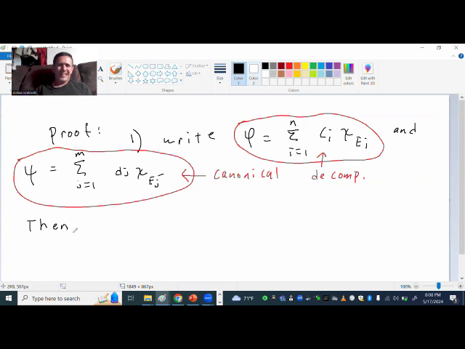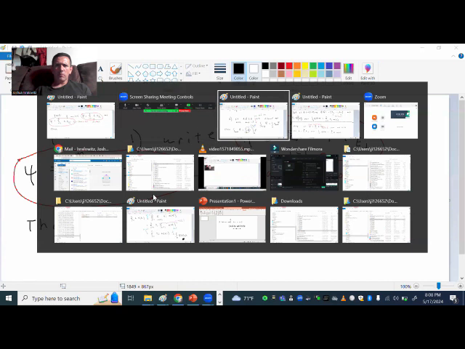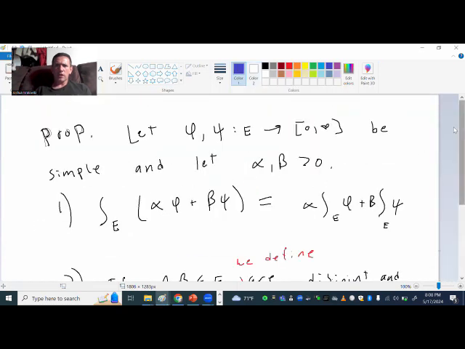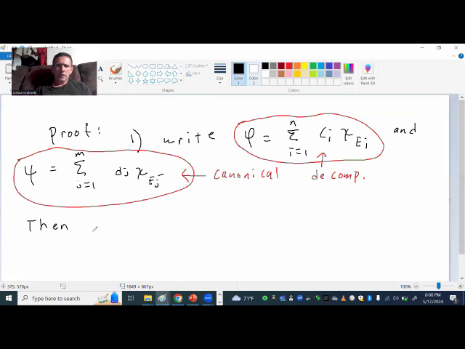Because these are the canonical decompositions of my simple functions, and if you want to review what that means, I would watch either of the prior two videos. Basically, the E_i's and the E_j primes both partition E. These both are simple functions on E, and the c_i's and the d_j's are distinct. Great.